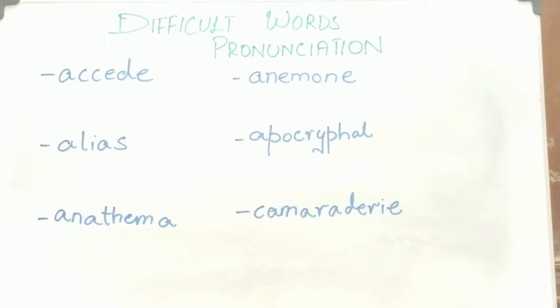That means it didn't approve the request. He might have requested something, so that was not approved by the Supreme Court, right? So that is accede. Sometimes you might also hear the term pronounced differently. Both are correct, but most often you use the first pronunciation.